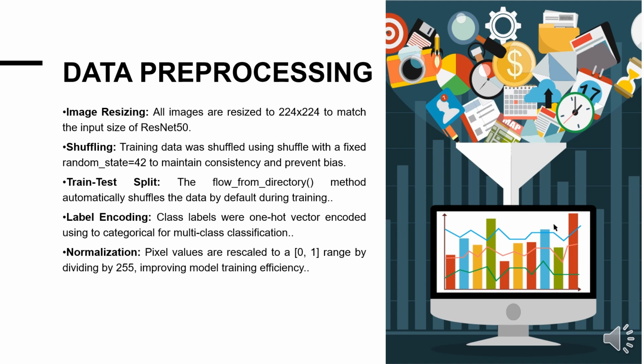In the normalization step, all the image pixel values are rescaled to the range of 0 to 1 by dividing by 255. It helps to improve model training efficiency.